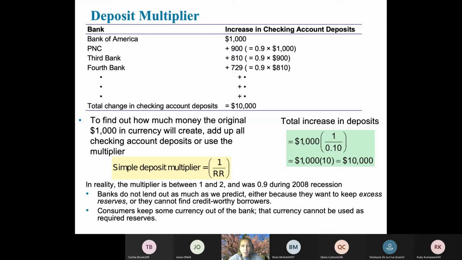If we count all of that, the new money created was in the amount of $9,000, and the old money was $1,000, so the total is $10,000.